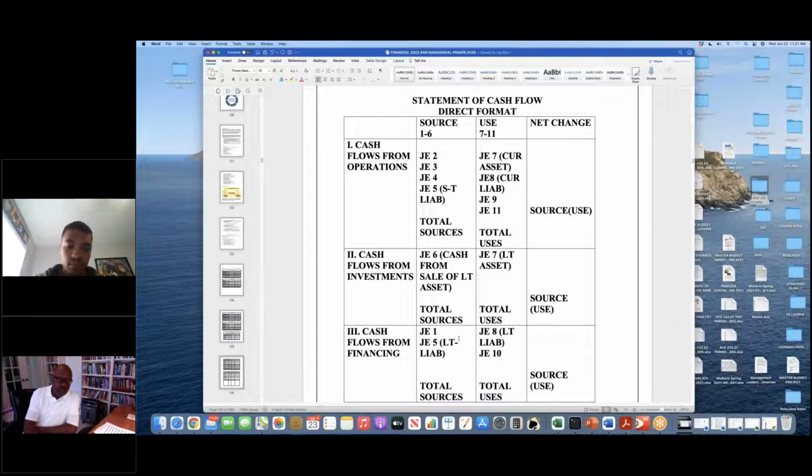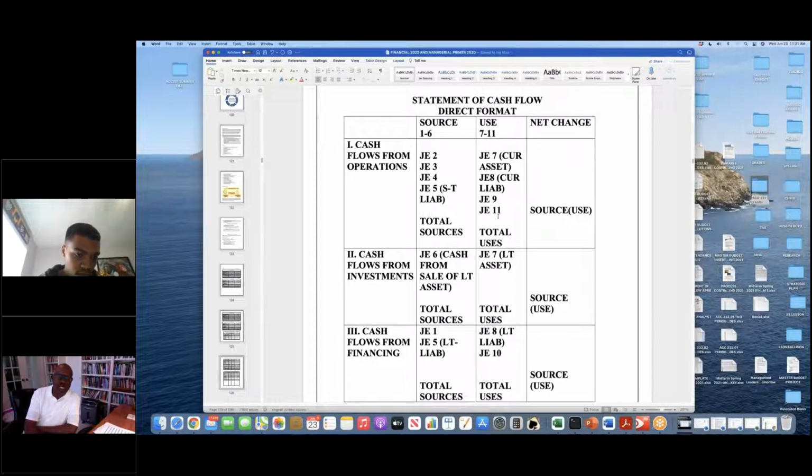And then if we borrow money long-term, that comes down here. So the current items and current assets are up here. So we're showing the sources of cash, 1 through 6. Then the uses of cash are 7 through 11.